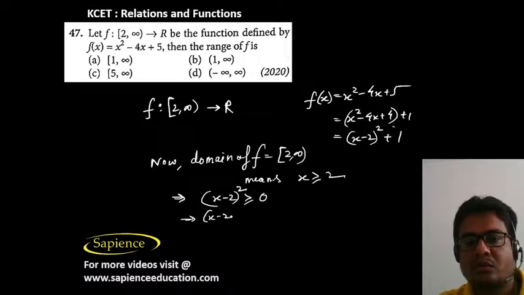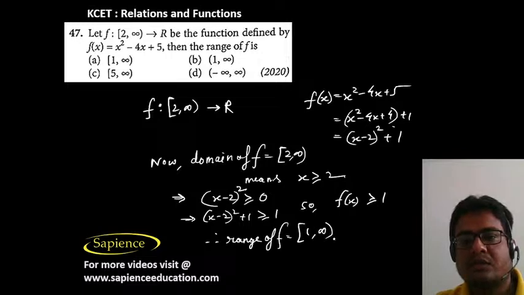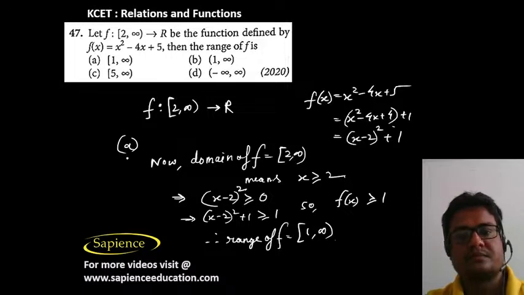So x minus 2 whole square plus 1 should always be greater than or equal to 1. So the range will be from 1 to infinity. I can say that f of x is always greater than or equal to 1. Therefore the range of the function f is from 1 to infinity, where 1 is included. So option A is the correct answer.